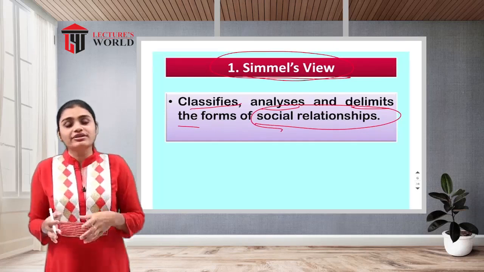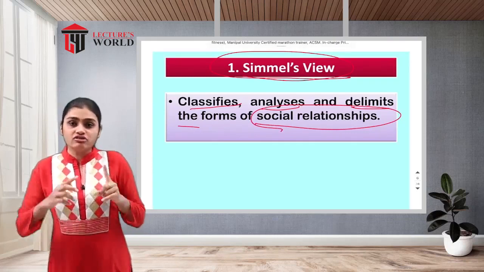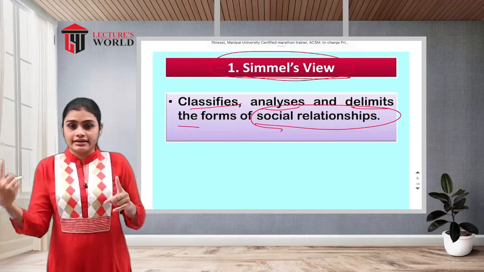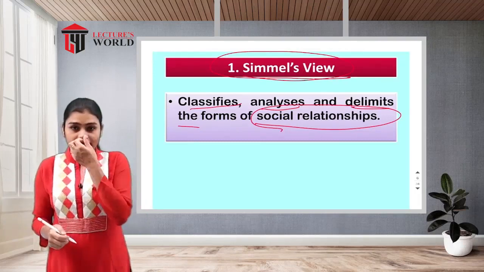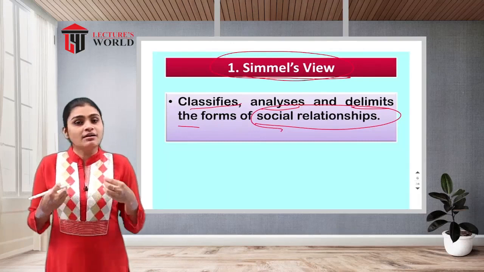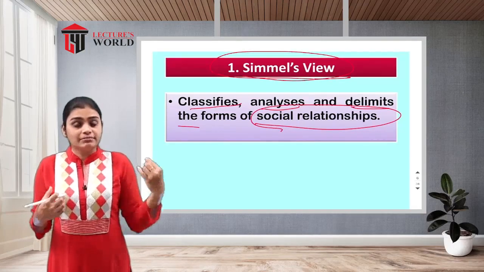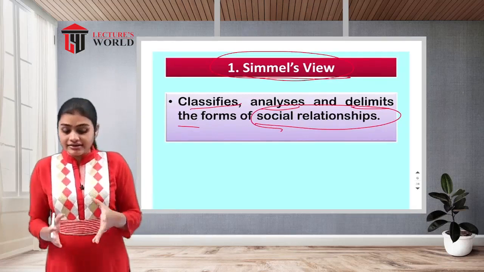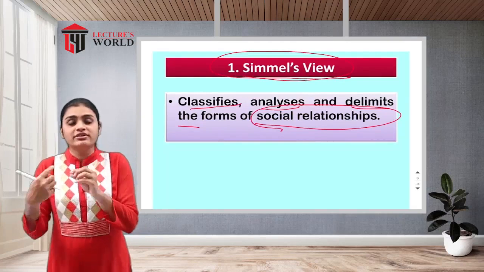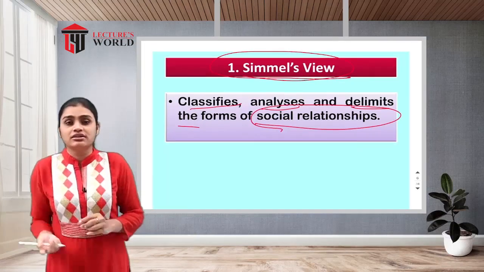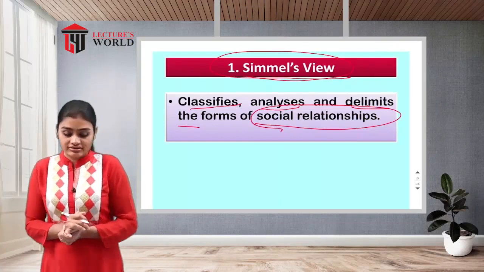When we talk about social relationships, that means the relationship of one individual with other individuals in the same surrounding or environment. For example, my relationship with my mother, or my relationship with my subordinates at my workplace. That kind of thing we can call a social relationship, when we interact with each other, when we are connecting with another individual. At that time we are forming social relationships.